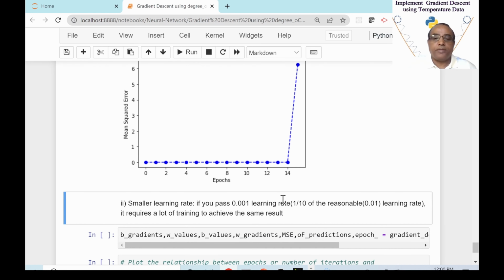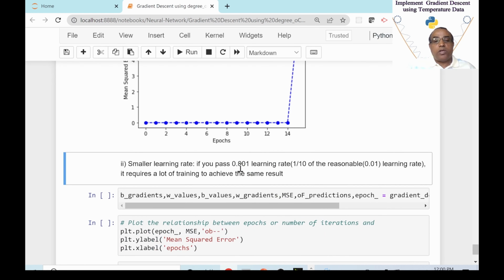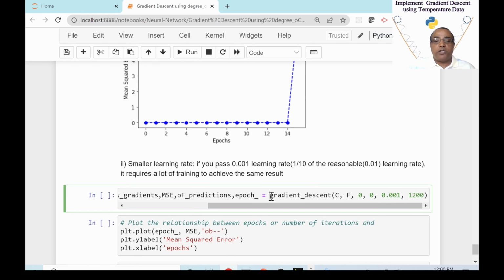If you use a very small learning rate, you will still get the minimum value of the loss function, but it will take longer. As the number of epochs increases, you are still getting closer to the right values of the slope and y-intercept.